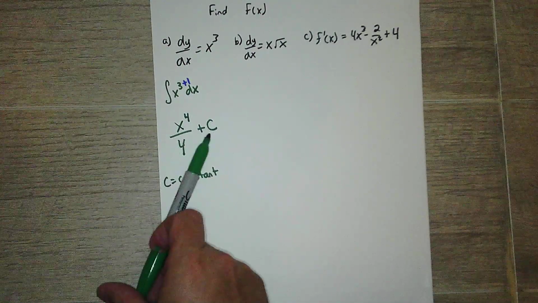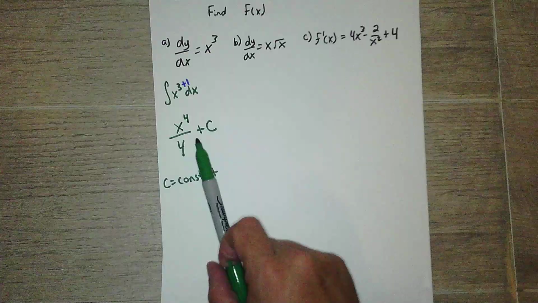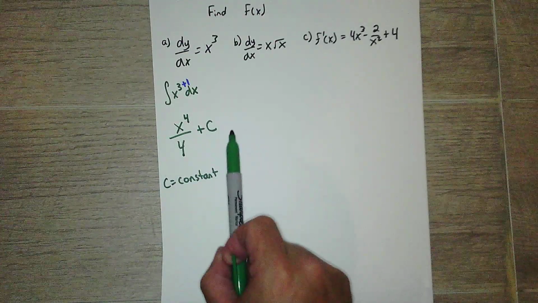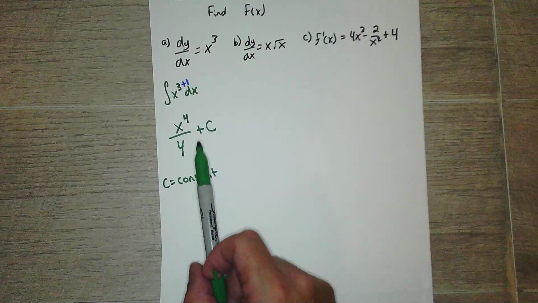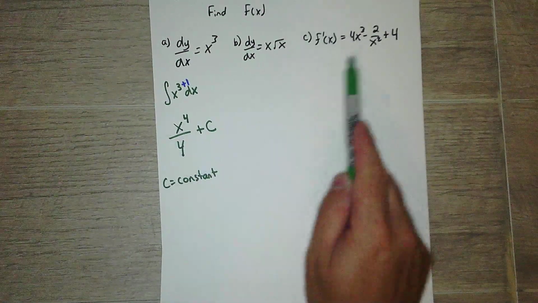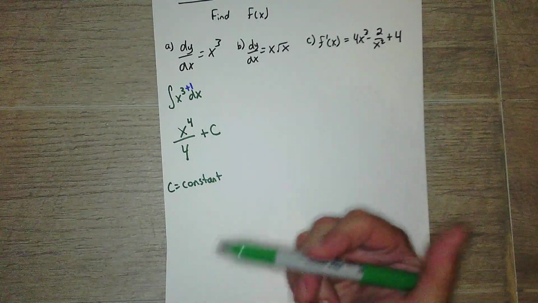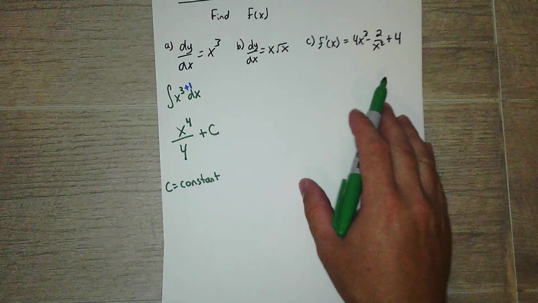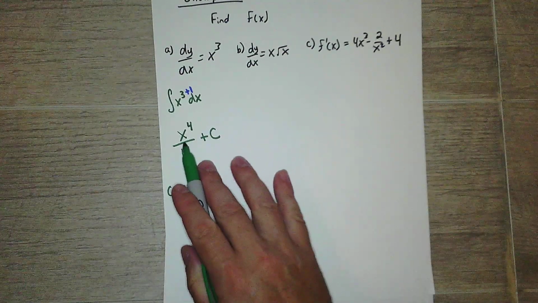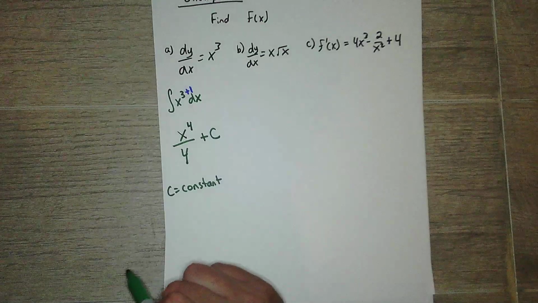In these cases, we don't know what the constant was. Later on, we'll get into ways to find out what the constant was. But for now, whenever you take the integration of something and you're just trying to find the antiderivative, just add on a plus c to account for the fact that there was a constant.